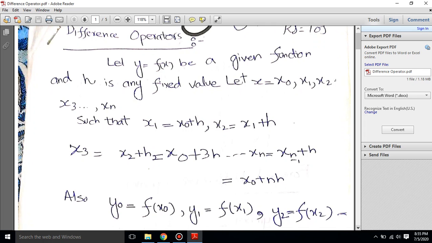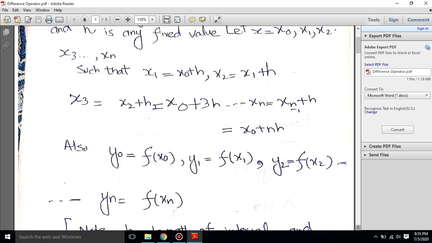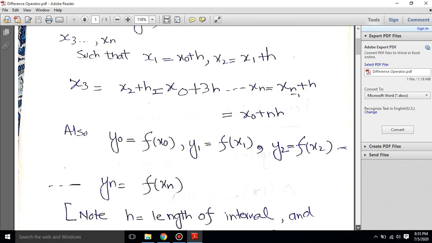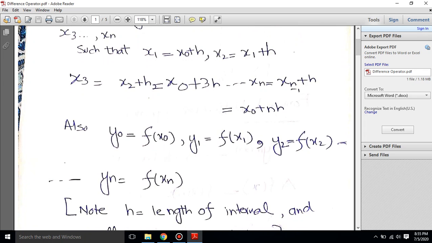Now using that definition of the fixed length and the values of x in our f of x function, we're going to define y naught in terms of the function f of x like this: y naught will be equal to f of x naught, then y1 will be equal to f of x1, and y2 will be equal to f of x2, and when we want to find yn, that will be equal to f of xn.